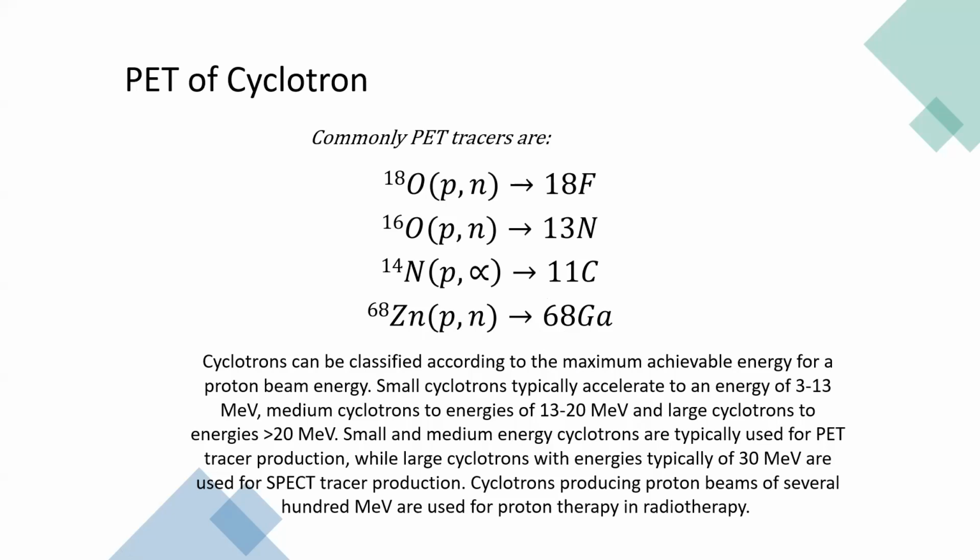Large cyclotrons up to more than 20 mega electron volts. So small and medium energy cyclotrons are typically used in PET tracer production. Large cyclotrons are used for SPECT tracer production. Cyclotrons producing proton beams of several hundred mega electron volts are used for proton therapy and radiotherapy.